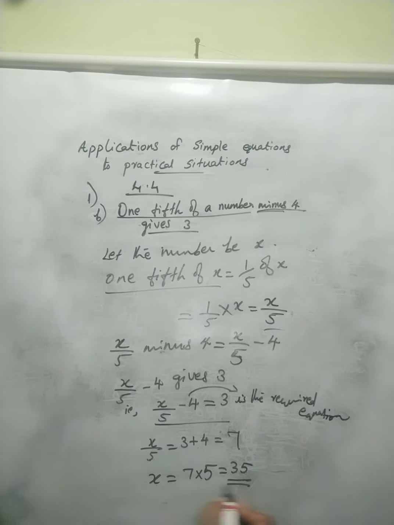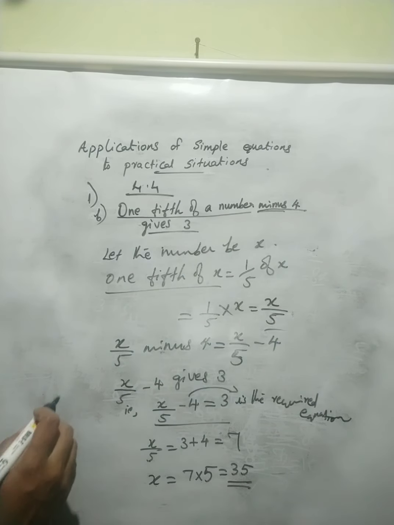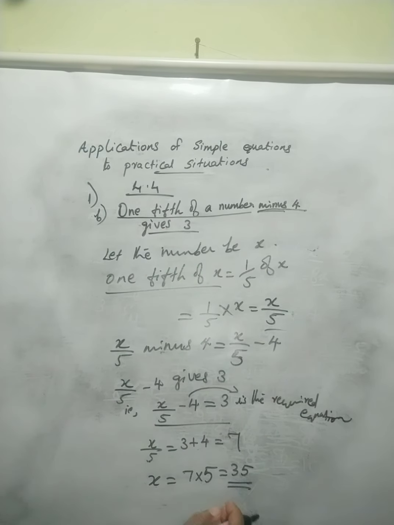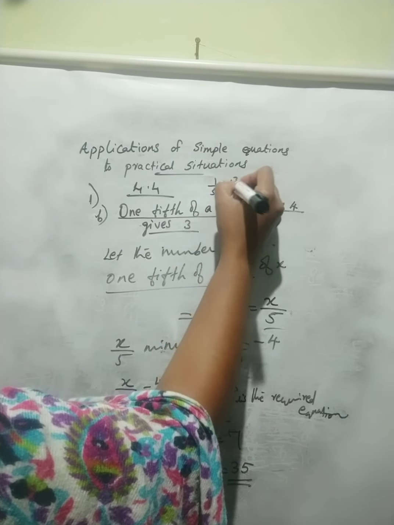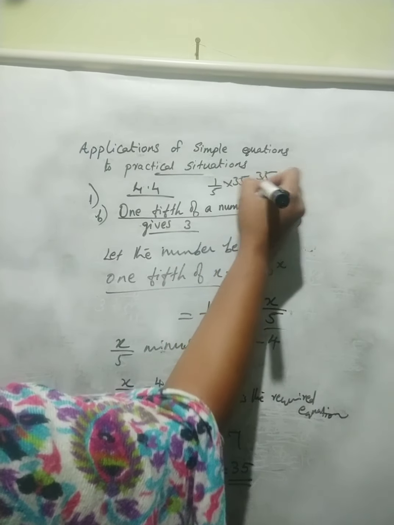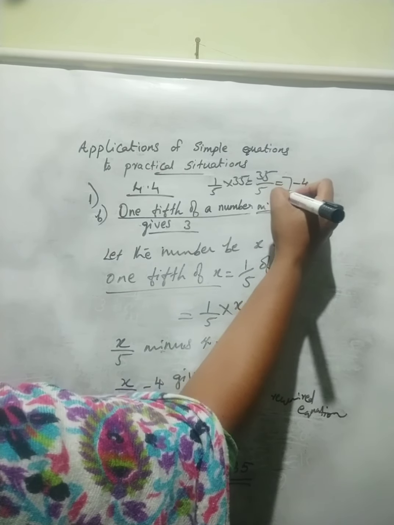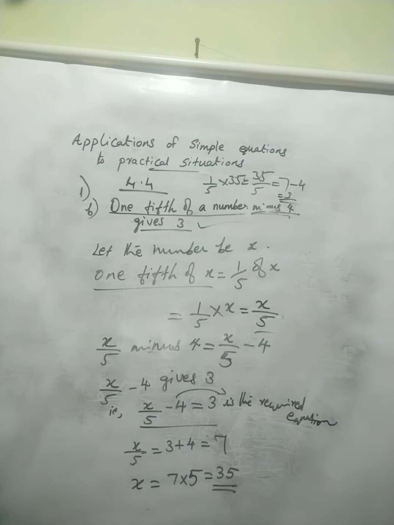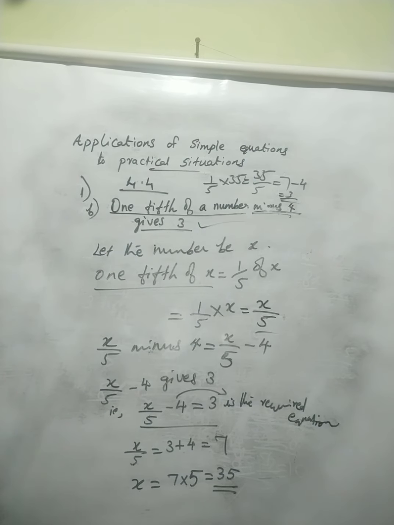So x, the unknown number, is 35. So 1/5 of 35, that is 35 divided by 5, which is equal to 7. Minus 4. What is 7 minus 4? It is equal to 3. So we got 3. This way we can check whether the answer is correct or wrong.